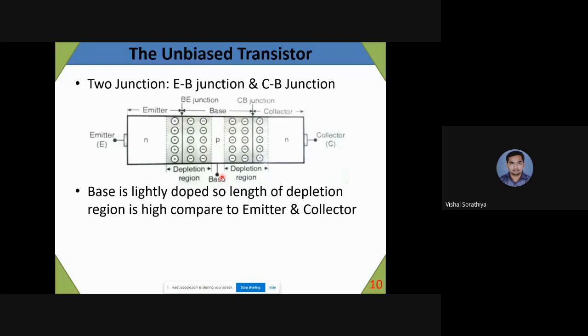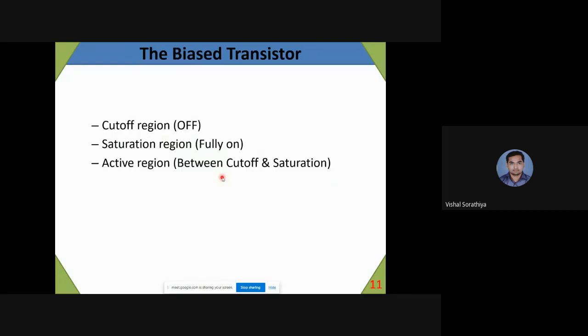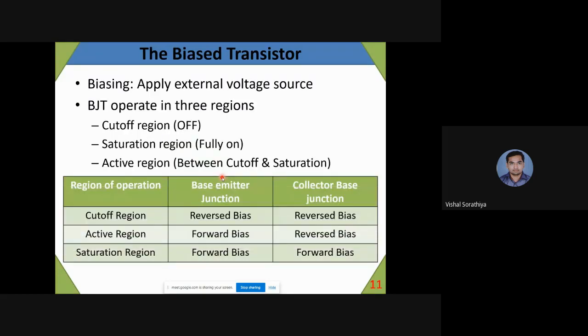Before applying the biasing, I first need to set what my common terminal is. If I make base the common, then there is a power supply between base and emitter and between collector and base. Depending upon the power supply you have given, it operates in the cutoff, active, or saturation region.